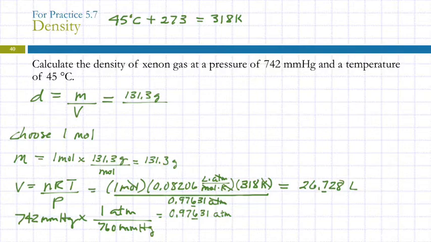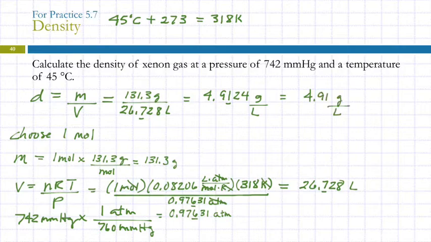It's different than 22.4 because we're not at STP. So I'm going to plug that in up here: 131.3 divided by 26.728 equals 4.9124 grams per liter, and that rounds to 4.91 grams per liter.